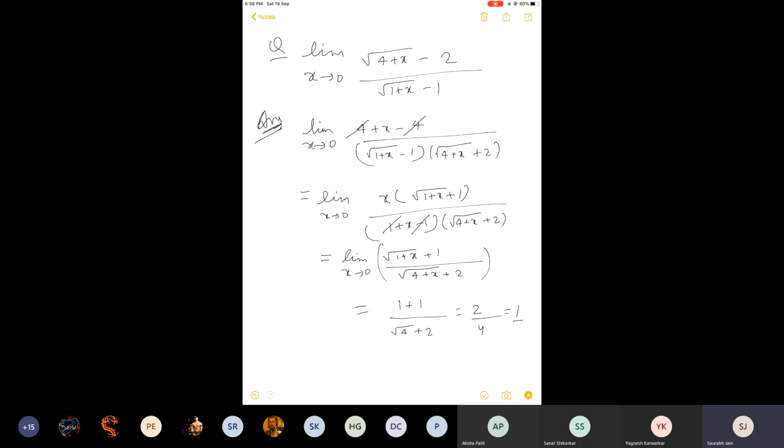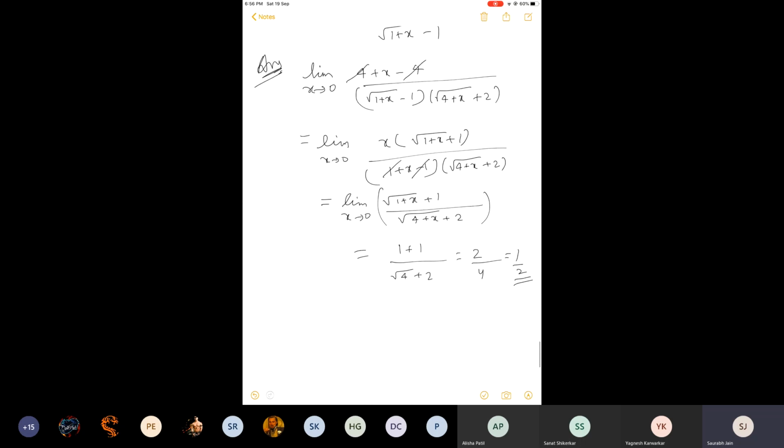We are getting half only. No negative sign. It's not minus half, it's half only. But certainly you have correctly observed that we will have to rationalize both. That is important. Calculations may be wrong, so be careful.